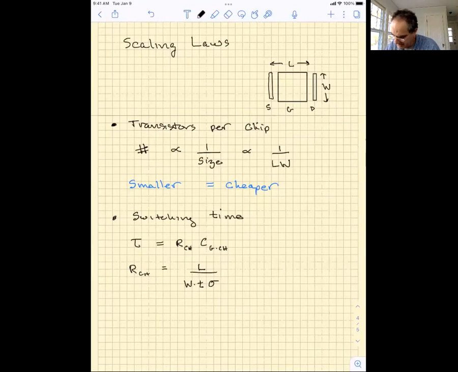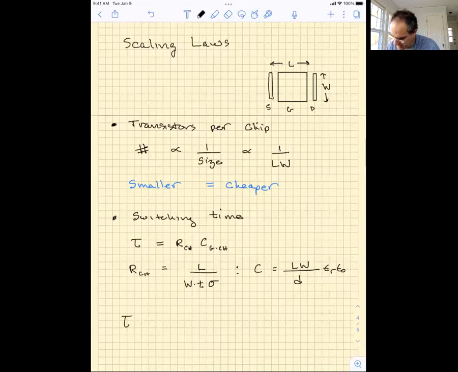On the other hand, the capacitance we found last time can be written as the area of the gate, which is L times W, divided by the distance between the gate and the channel, and times the dielectric ratio and permittivity of the vacuum, okay?